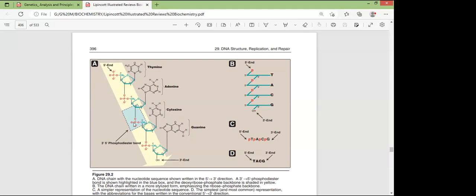Now that phosphate group links it to another sugar, right? So in short, know that the nucleic acid, whether adenine, thymine, guanine, whatever it is, is linked to the sugar. Then the sugar is linked to the phosphate, and the phosphate links it to another sugar, right?